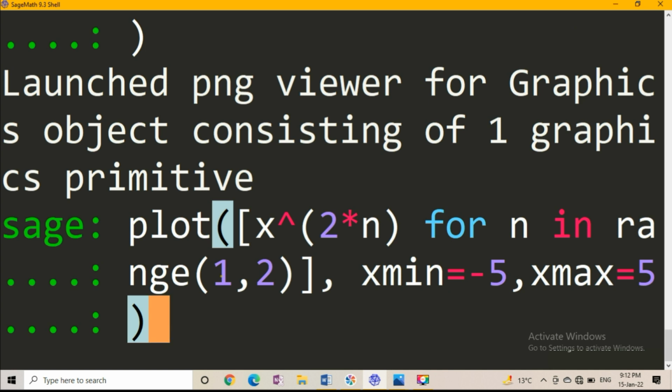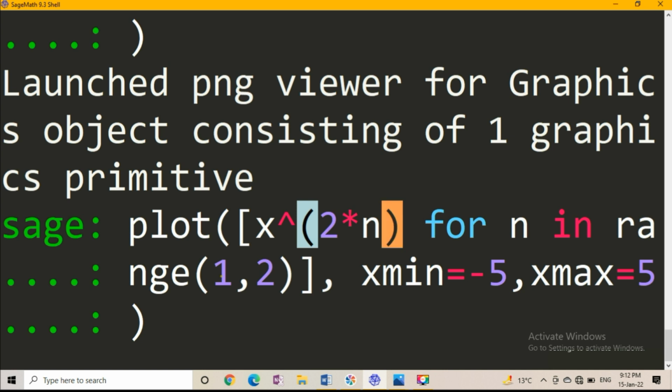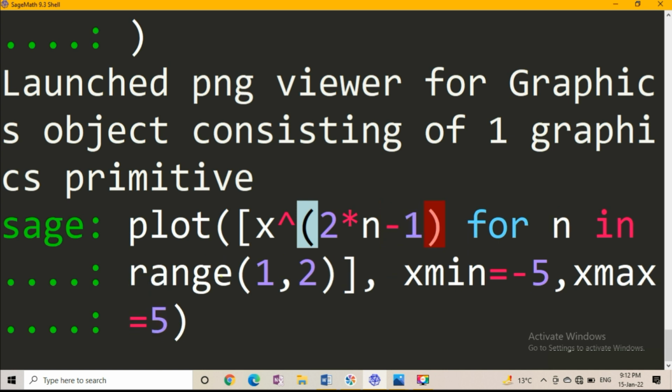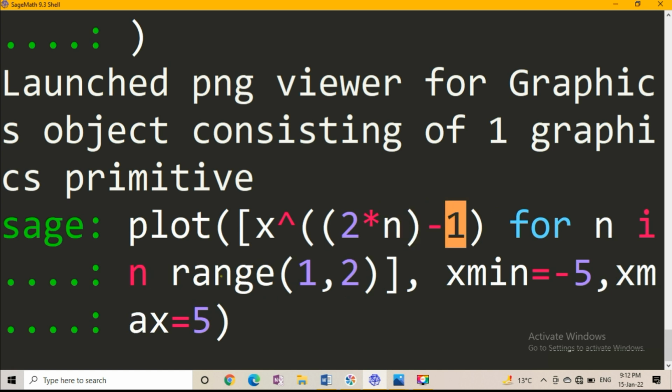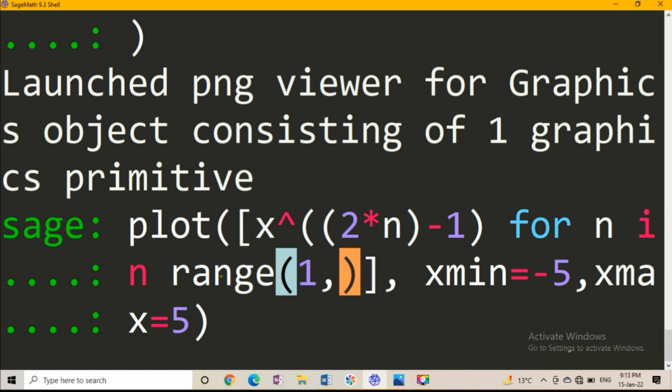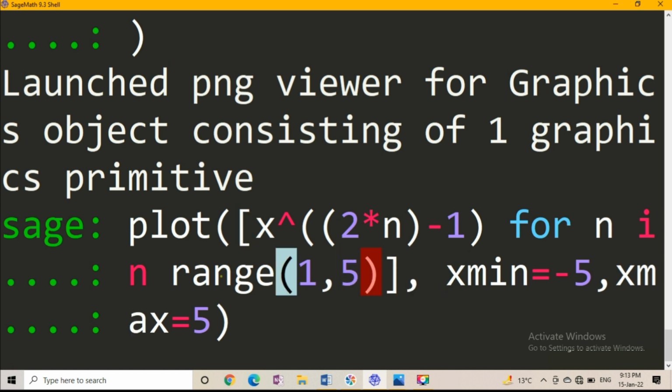Now come on to the graph of x to the power 2n minus 1. So for this we put plot and put a parenthesis, x to the power 2n minus 1, and change the range of n from 2 to 5.